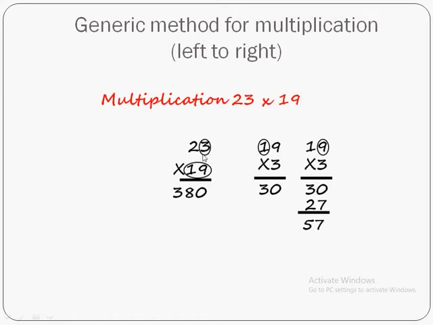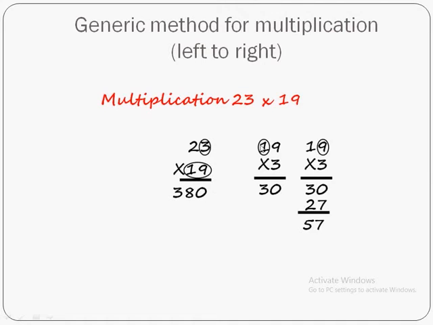Now why am I doing this? Because in any calculation I will be multiplying a single digit with a single digit. Multiplying any number between 1 to 9 is easy compared to multiplying numbers more than 9, more than 10 and 11. Now what I will do is, I will multiply this 19 with 3. Now how will I do it? With the same method.